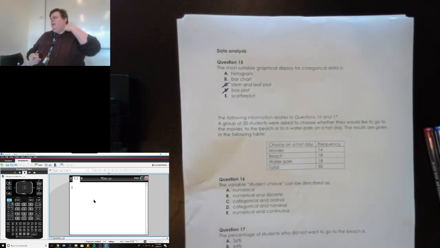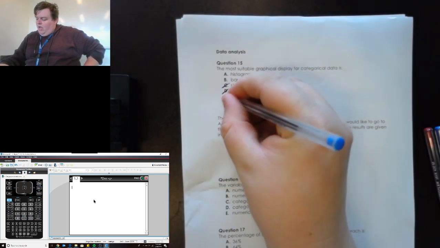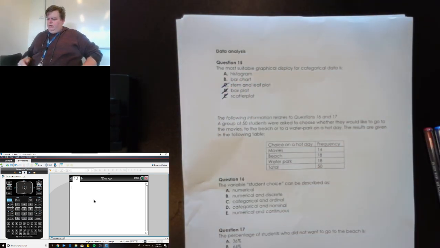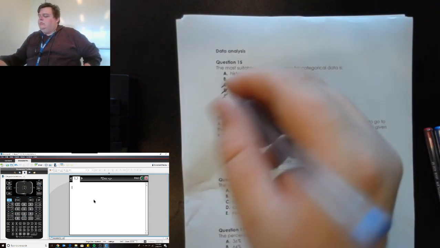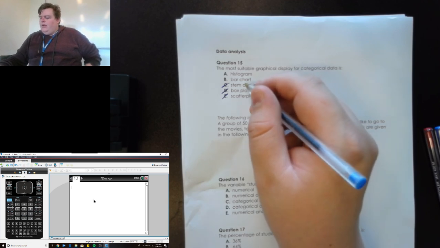That's also numerical. There's not really any room for categorical stuff. We can also get rid of a scatter plot, because scatter plots are looking at numerical data as well. So we're left with histogram or bar chart, which is probably what most of you came down to anyway.